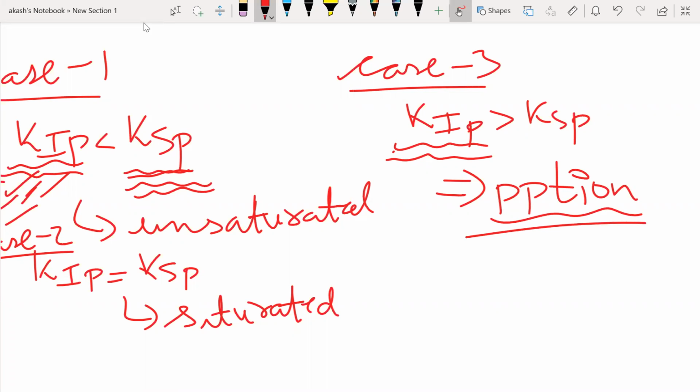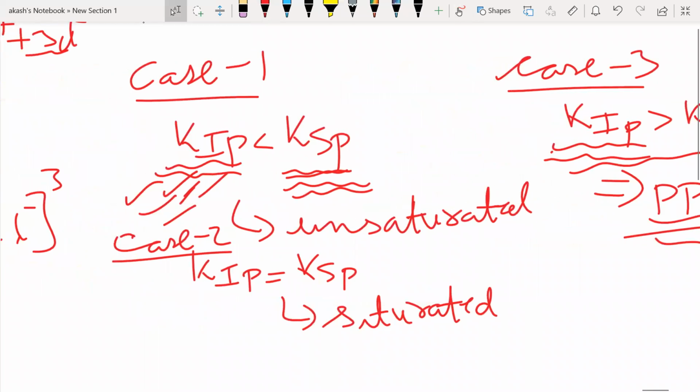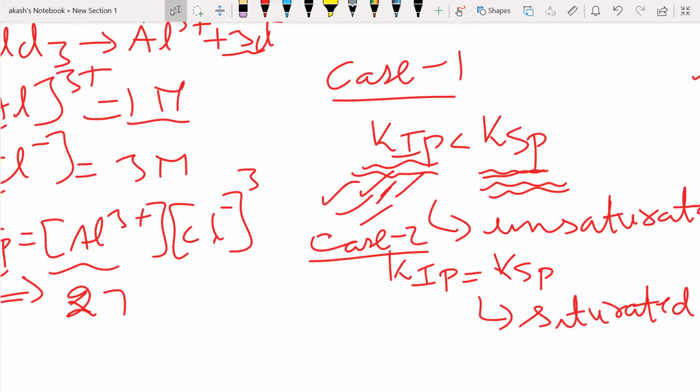So here you are going to cause precipitation. So, 3 cases. KIP lesser than KSP, it has not yet reached saturation. If it's equal, saturated. If you add more than that, then precipitation will happen. So this is what I want to tell you. This is about your solubility product and ionic product.